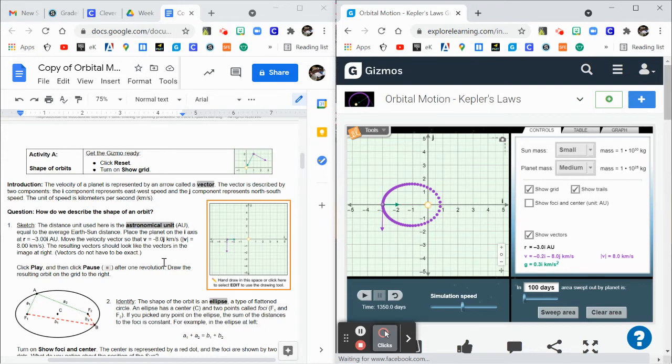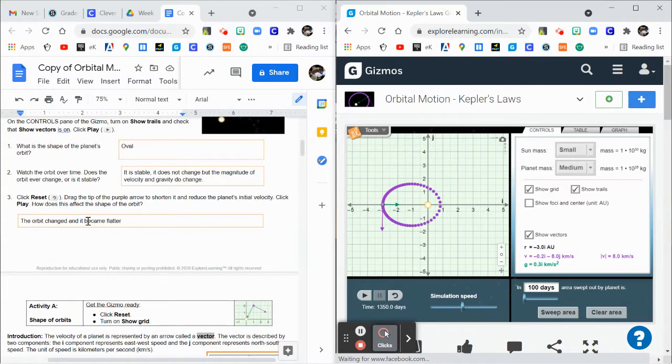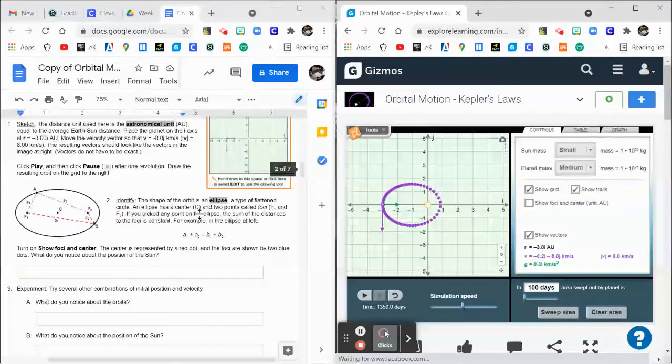Now the shape of the orbit is an ellipse. This right here is an ellipse, which is another way of saying an oval. An ellipse is a type of flattened circle. That is why we said that the orbit changed and became flatter.